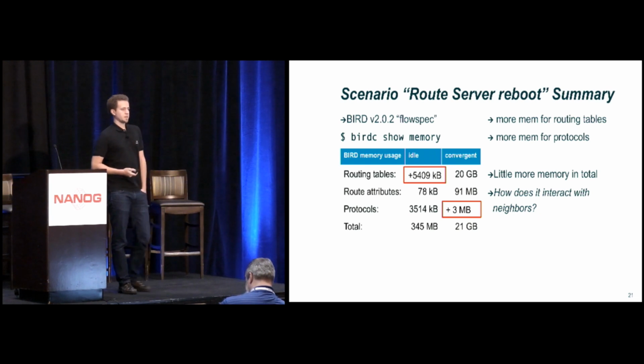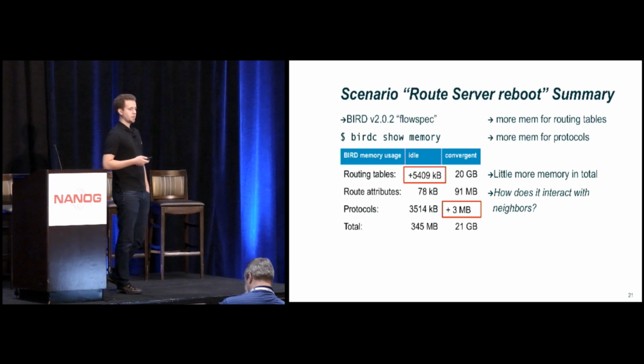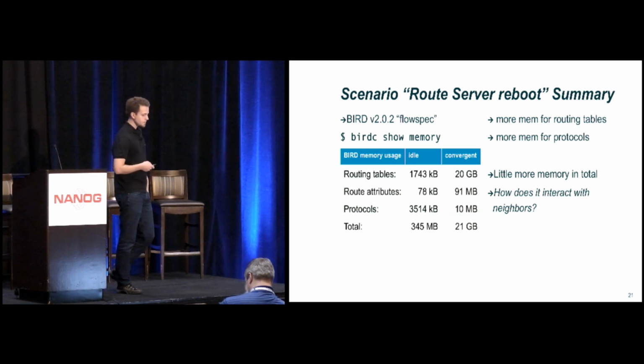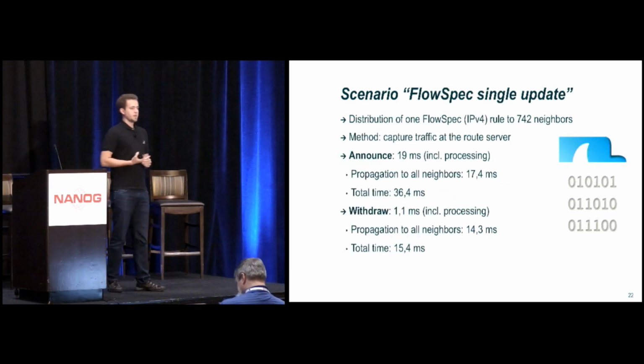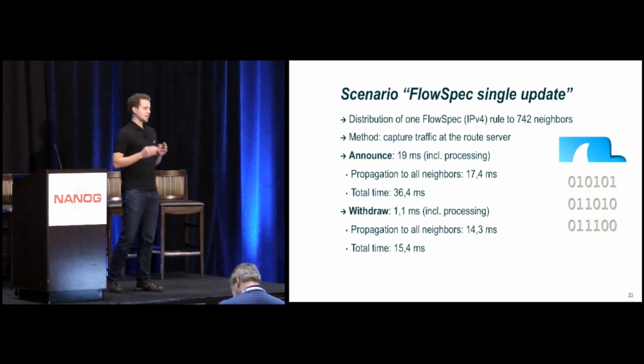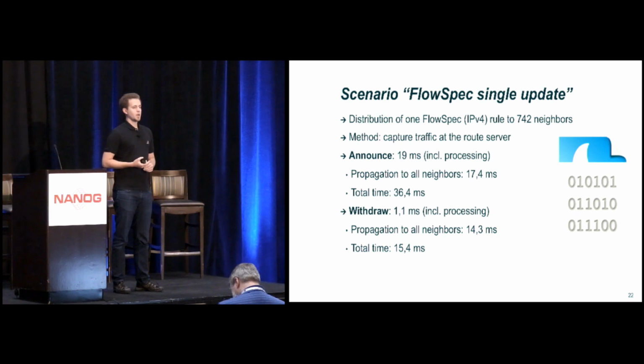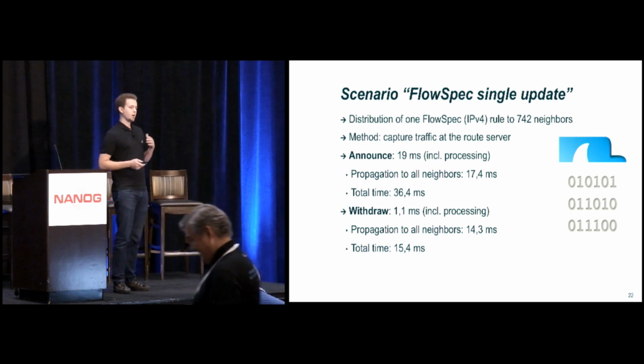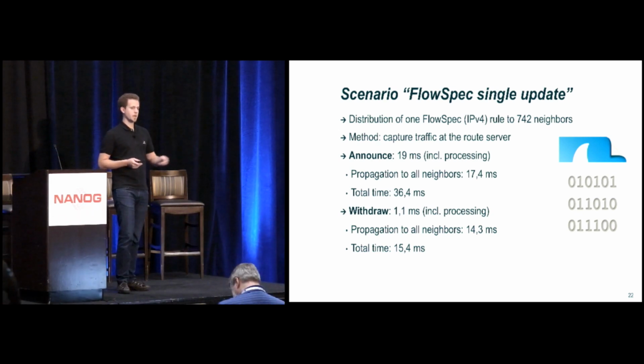The next aspect that I want to focus on is how the BERT routing daemon interacts with the BGP neighbors. Therefore, I captured the traffic on the interface to the peering LAN, and I wanted to measure how long it takes to propagate a Flowspec announcement.